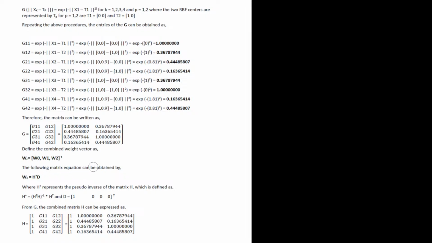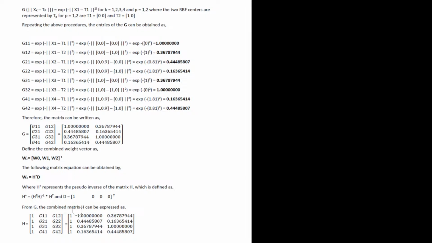The following matrix equation can be obtained: WC equals H plus D, where H plus represents the pseudo inverse of the matrix H, defined as H plus equals H transpose H, inverse, times H transpose, and D is equal to 1, 0, 0, 0 transpose.